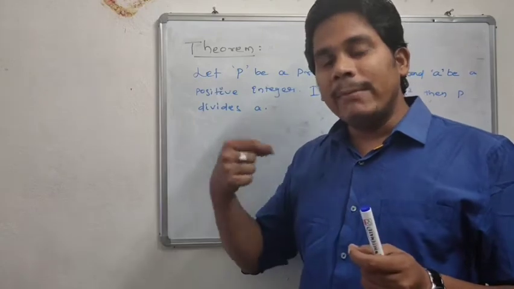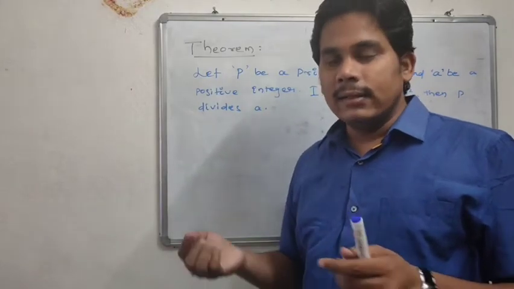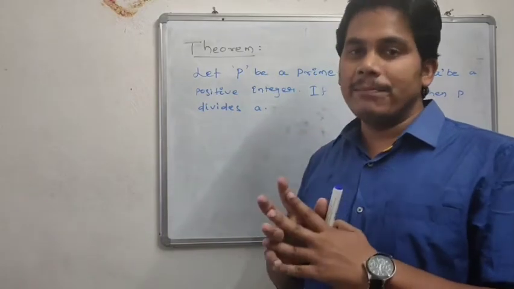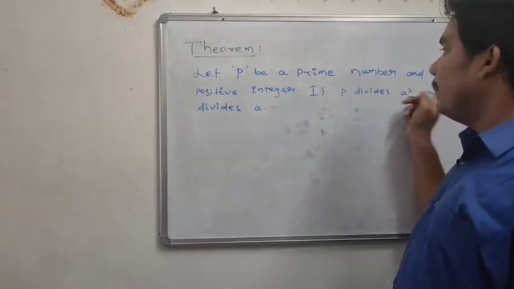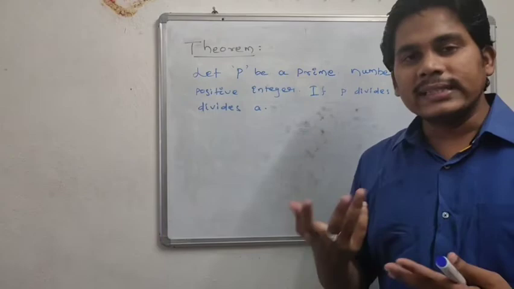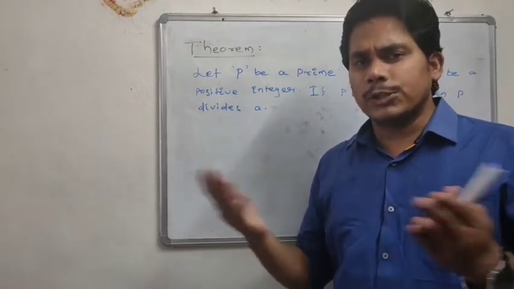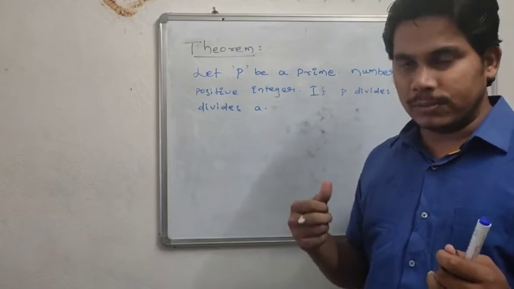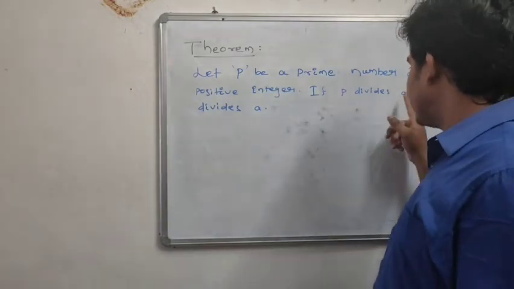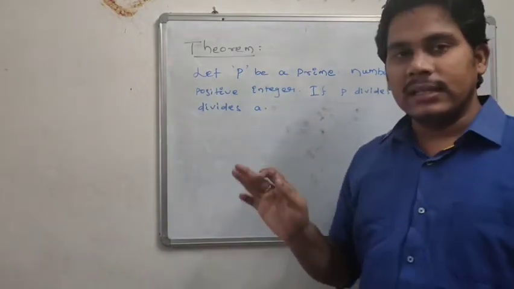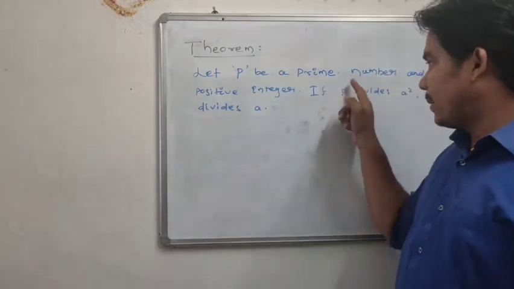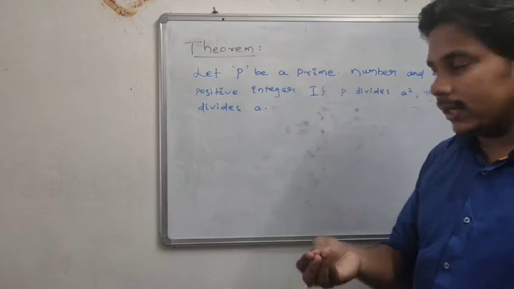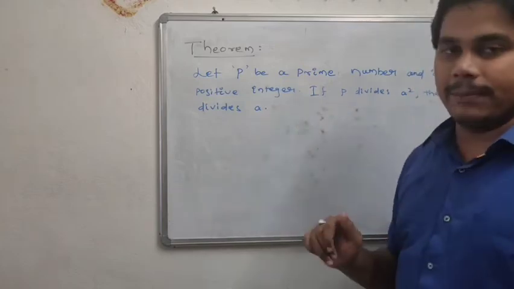The value we may take from the prime numbers, that is p. And a is a positive integer. What is a here? Any positive integer, and generally this may be a composite number. If p divides a square, then p divides a. If p is a prime number which divides a square, then we have to prove that p also divides a.